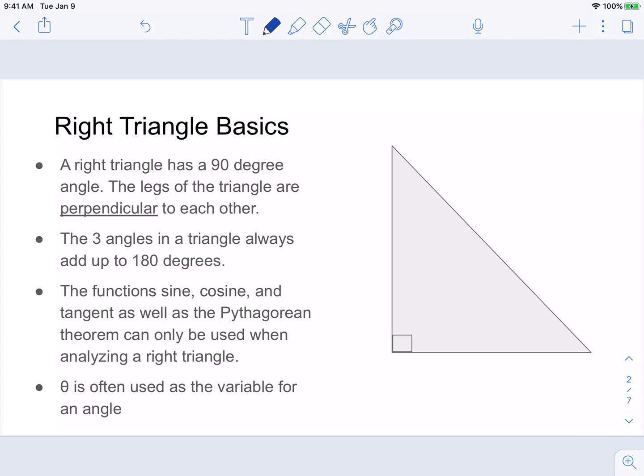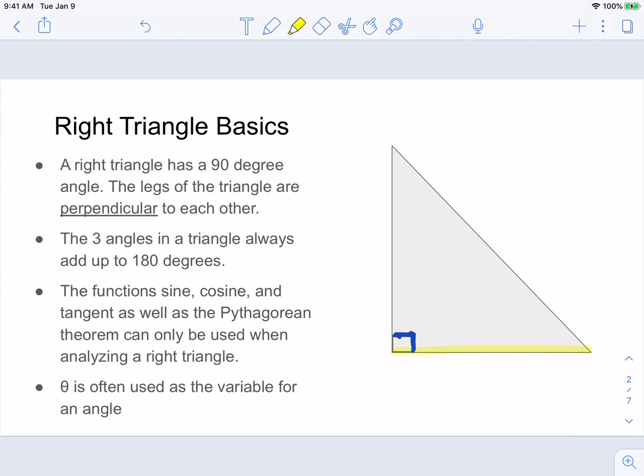When we talk about a right triangle, that means that there is an angle in the triangle that is 90 degrees. In the little sample triangle I have here, there's a little box in the bottom left corner, and that little box indicates that there is a 90-degree angle there. Another way we can state this, we can talk about the legs of the triangle.